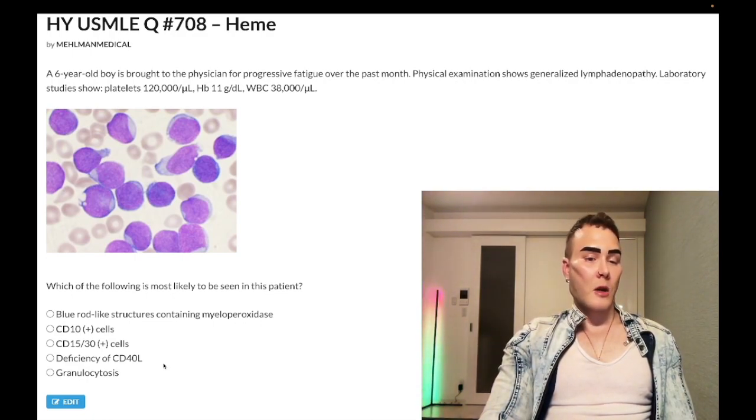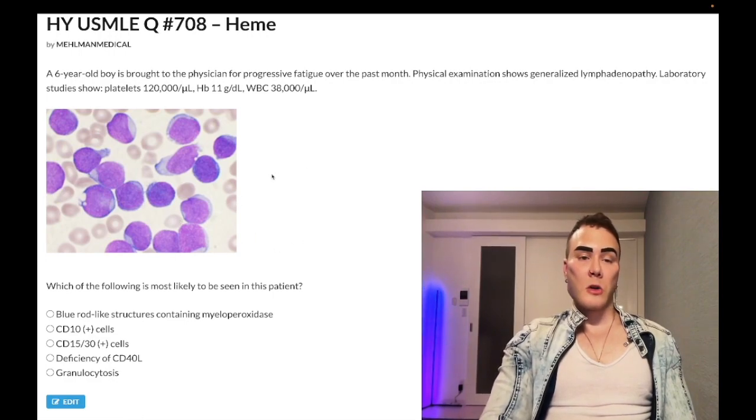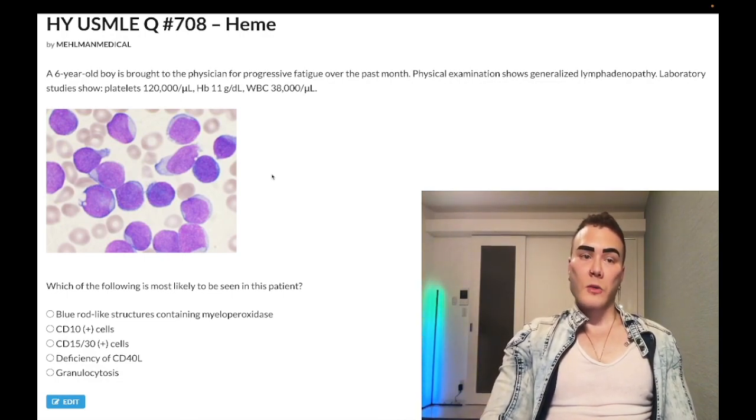Choice E, granulocytosis, wrong answer. So USMLE wants you to know reactive granulocytosis. That phrase refers to leukemoid reaction, as I talked about before. Okay, and you're going to get a smear which shows neutrophils. You get neutrophilia. So a leukemoid reaction is a disproportionate, exaggerated immune response where you get increased leukocyte release from the bone marrow reserve pool. Okay, so rather than just having a simple leukocytosis in the teens or 20s, it's 30 or above.